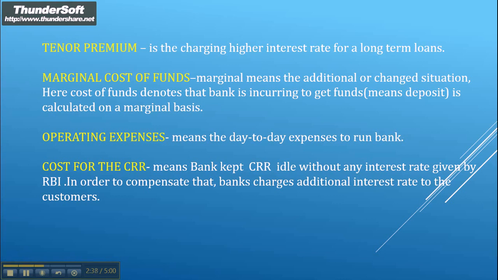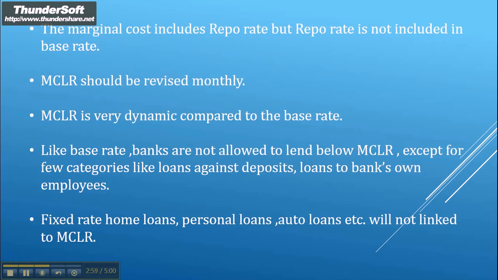They mean the day to day expenses of the banks to run. Cost for the CRR means banks keep the CRR idle without any interest given by RBI, so to compensate, banks charge an additional rate to the customers. It is called cost for the CRR. I hope you got what I told now.